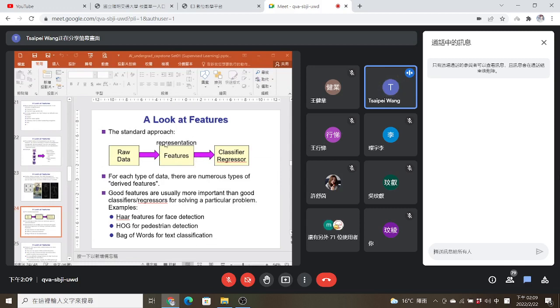Very important: fewer, so you can handle them, and more informative, so they're useful for whatever you want to do. Some famous features: Haar features for face detection, HOG, from the previous slide, for pedestrian detection, and bag of words for text. Those are all very representative ones.